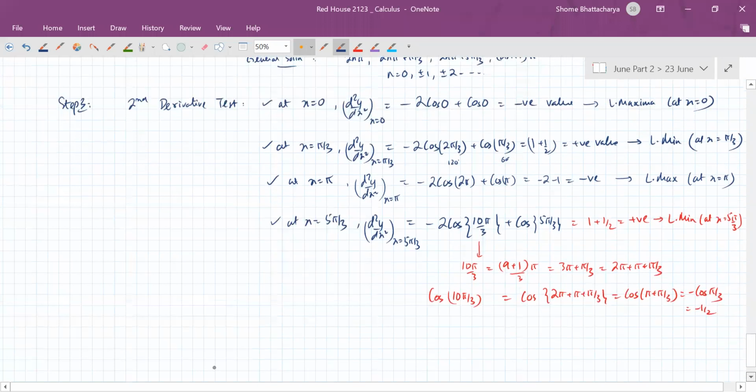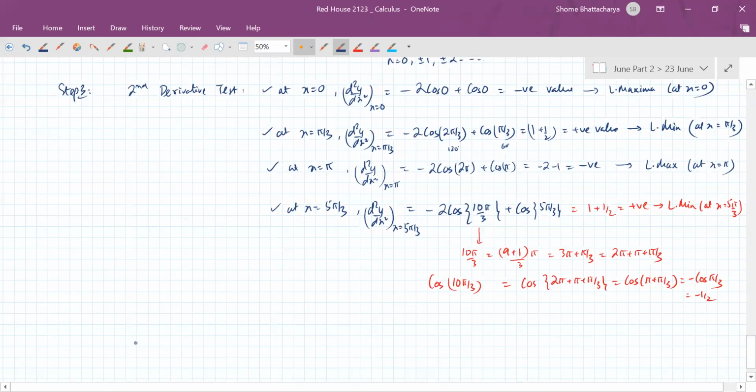So now what we have got is that we are having local maximas at which points? At these 2 points. x equal to 0, x equal to pi. Okay.